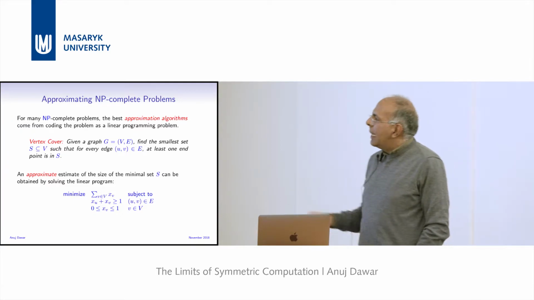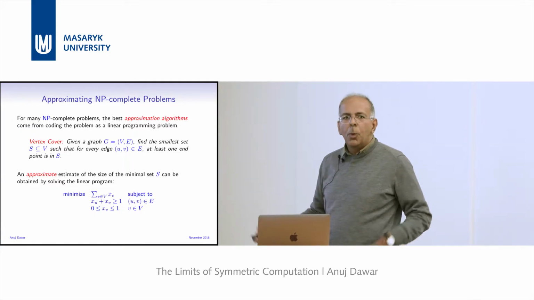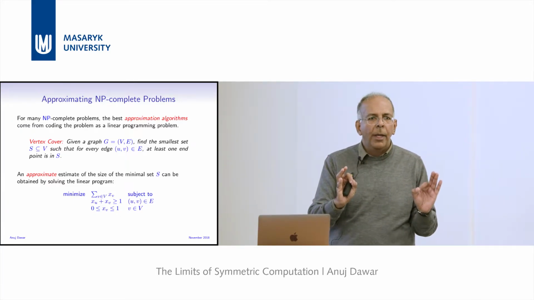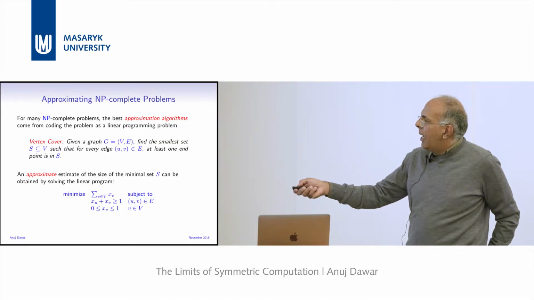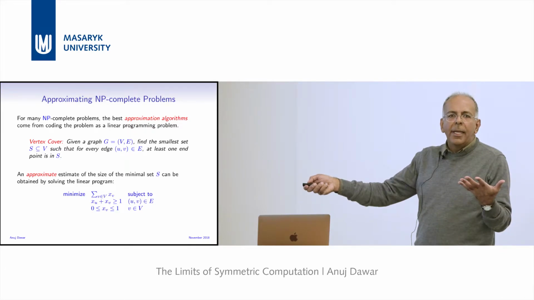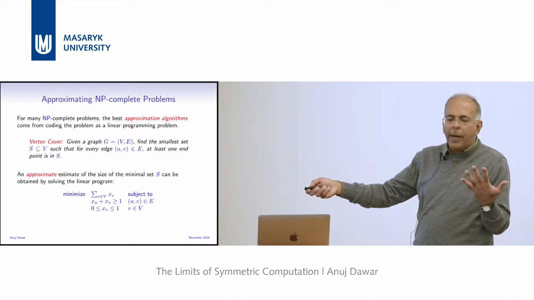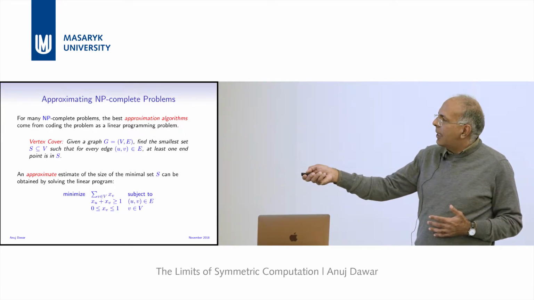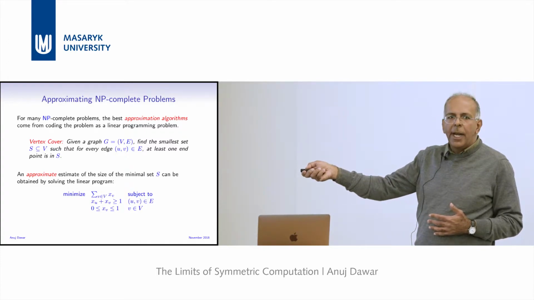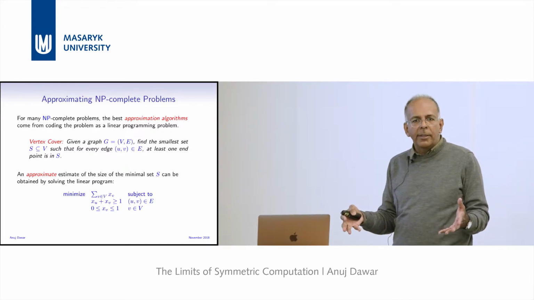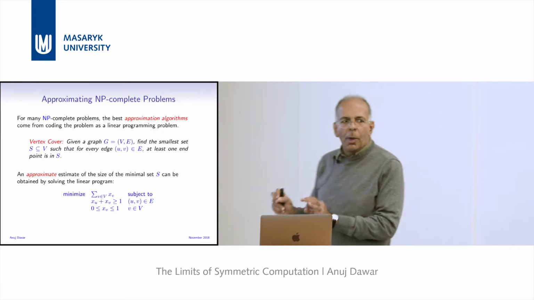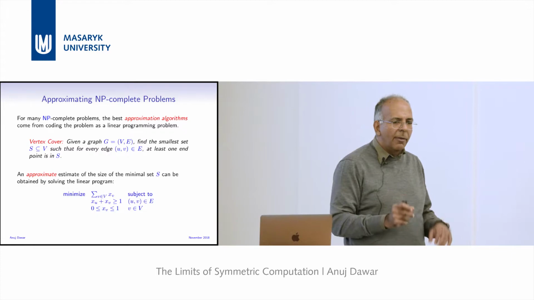Note that a solution to this which only used values 0 and 1 would in fact be a vertex cover. You take the set of variables which are set to 1, then every edge has at least one endpoint in the set by this constraint, and the minimization condition tells me I get a smallest such set. So a 0-1 solution gives me a vertex cover.